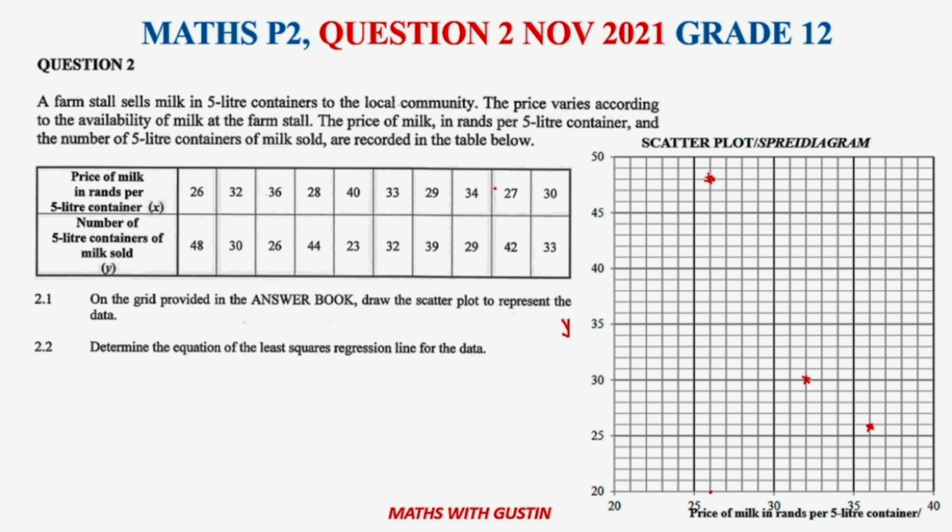Where there's x and y, I'm putting them together. 28 on the x. 26, 27, 28, and then 44. Go up from this point until 44. 44 is here, and then 40 on the x, and then 23 on this side. 40 on the x, 23 somewhere there.